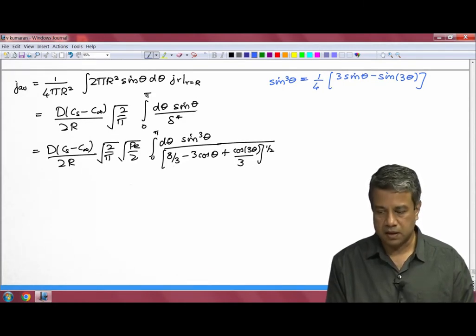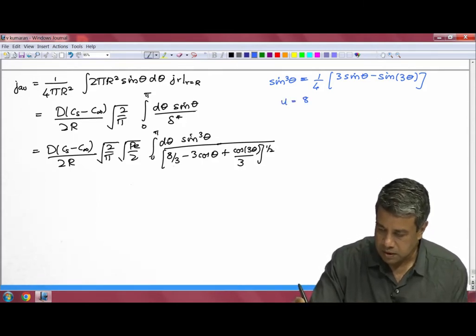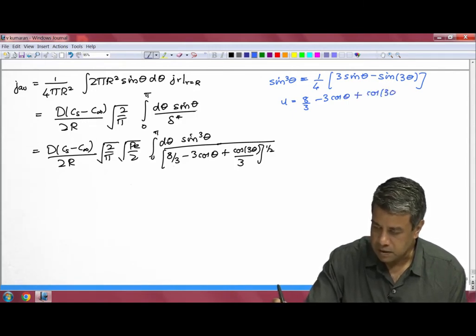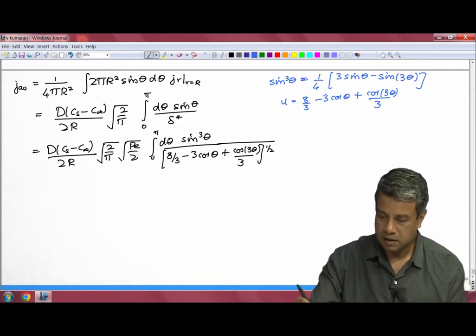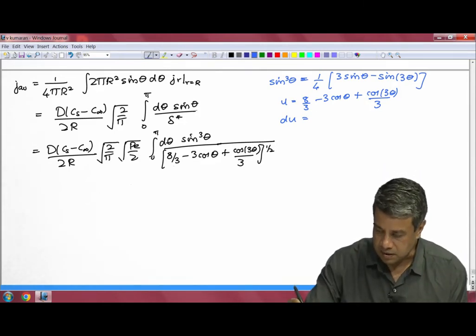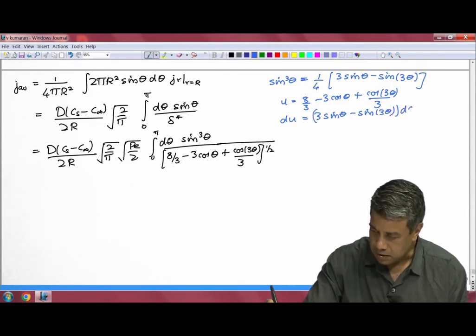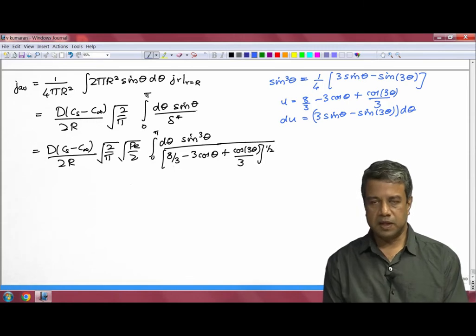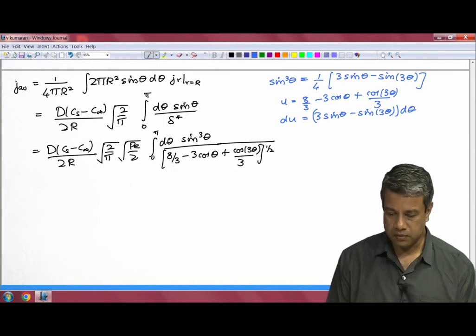If I consider u equal to 8 by 3 minus 3 cos theta plus cos of 3 theta by 3, the term within the square root in the denominator, then du will be equal to, since the derivative of cos theta is minus sin theta, 3 sin theta minus sin 3 theta d theta. So, the numerator is basically 1/4 of du. So, basically I have 1/4 of du times u power half.